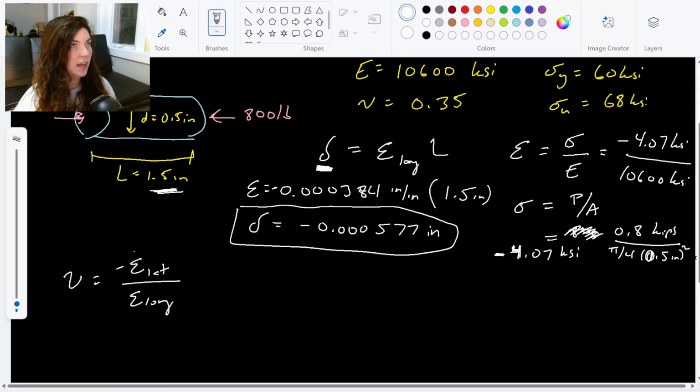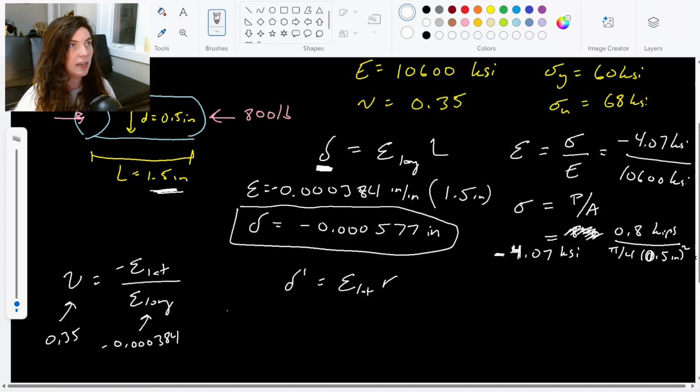So if we want to find strain lat to get what that new diameter is, since d prime is the strain epsilon lat times the radius, we have the Poisson ratio, 0.35. We just found this, the negative 0.000384. So we can plug those in.